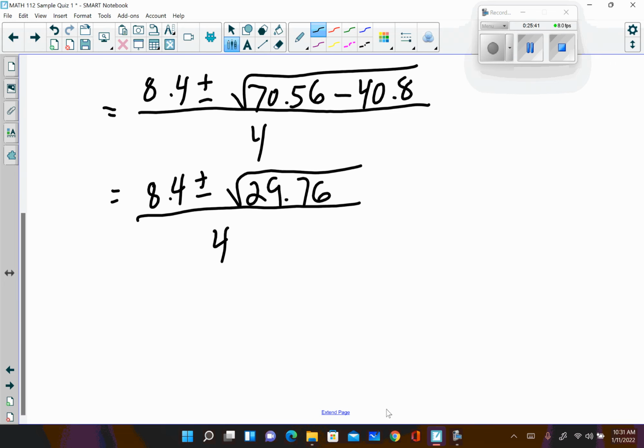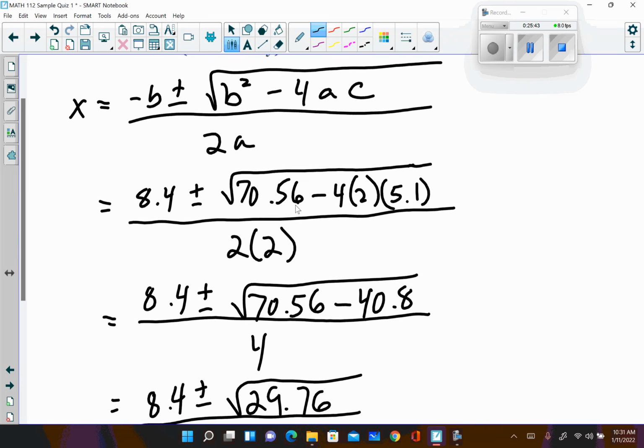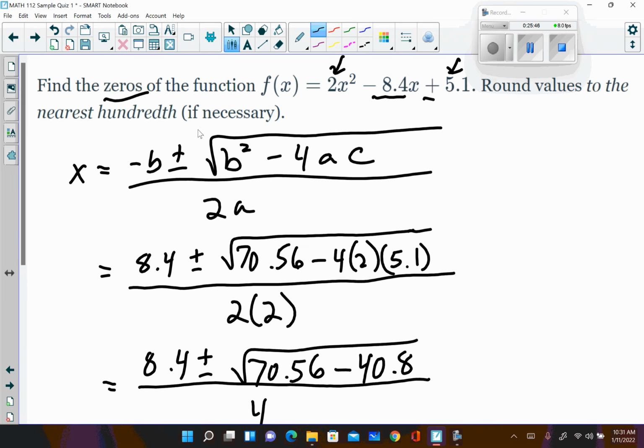I'd like to share with you a way to do the rest of this on a graphing calculator. Our answer is going to be rounded to the nearest hundredth.